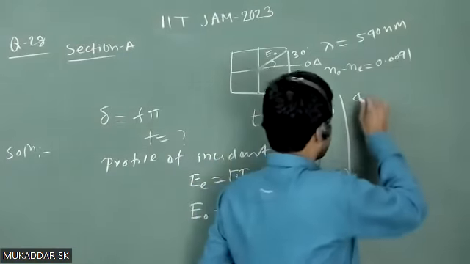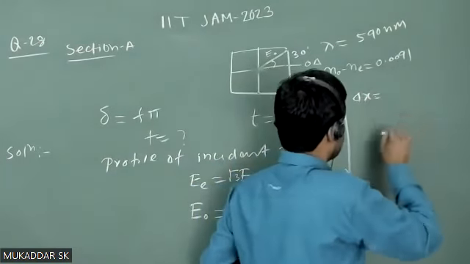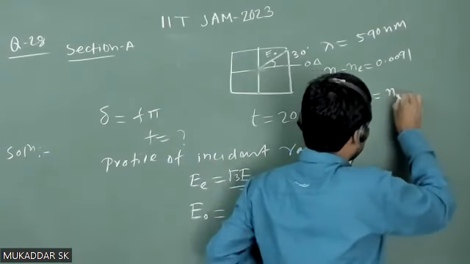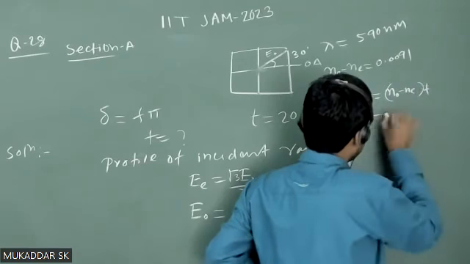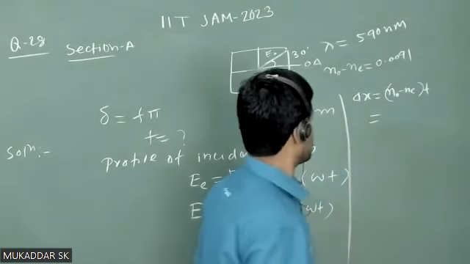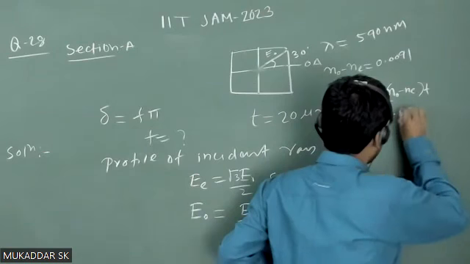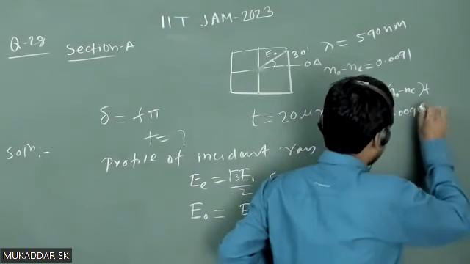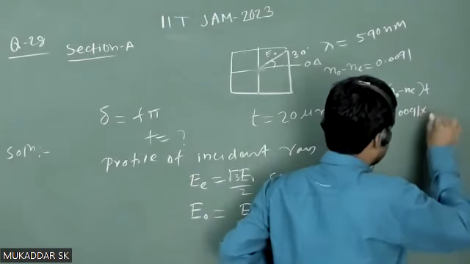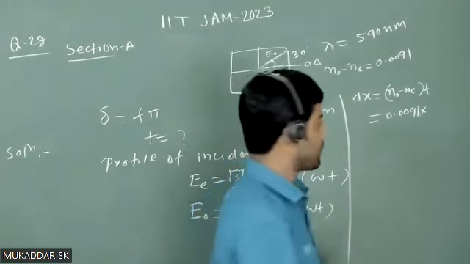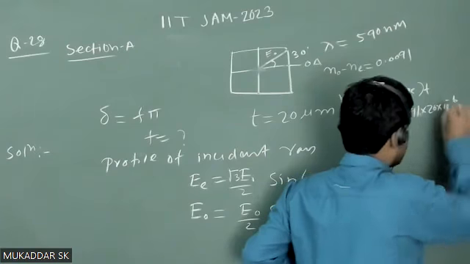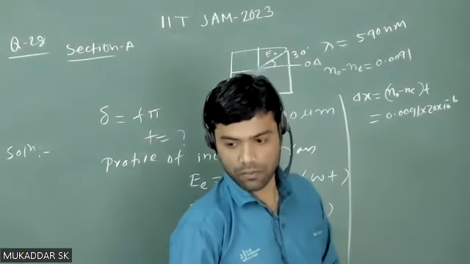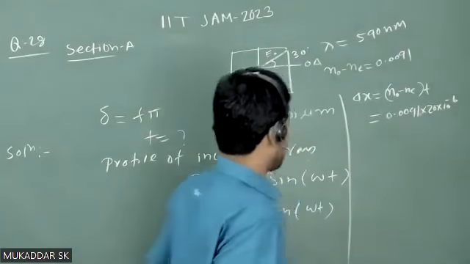I can represent it as delta x, which is the difference in refractive index, NO minus NE, times T. That is 0.009 times 20 into 10 to the power minus 6 meter.